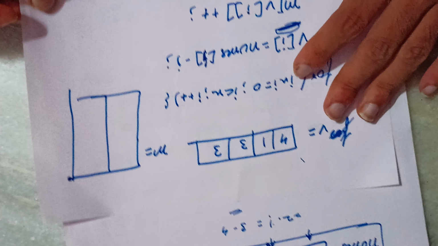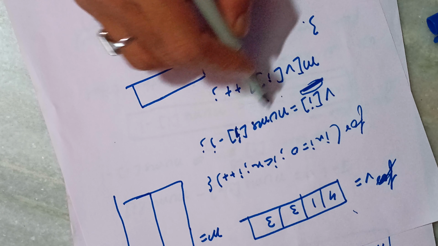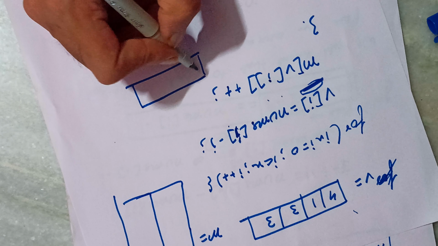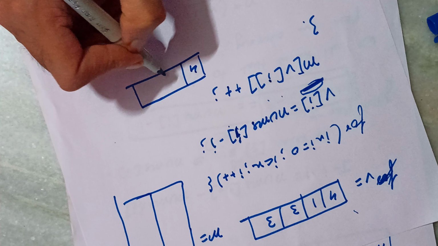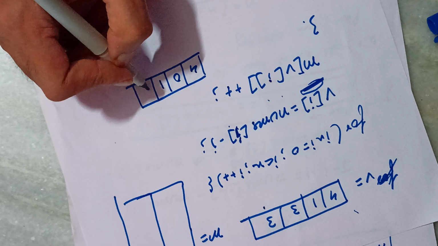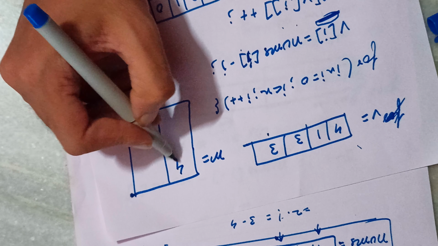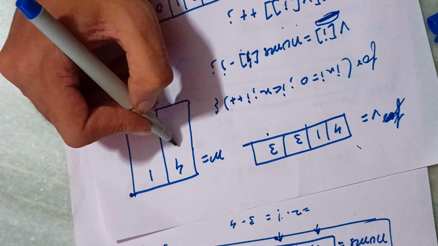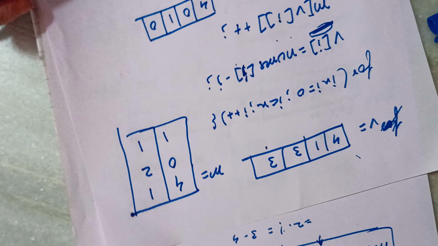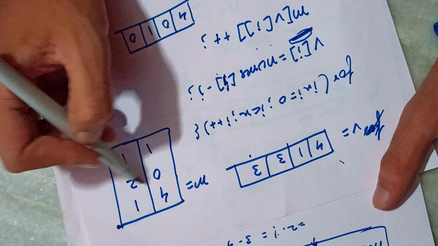So the loop will compute nums[i] minus i: 4 minus 0 is 4, 1 minus 1 is 0, 3 minus 2 is 1, and 3 minus 3 is 0. So the count of 4 will be 1, the count of 0 will be 2, and the count of 1 will be 1. Now we will find how many pairs these form.